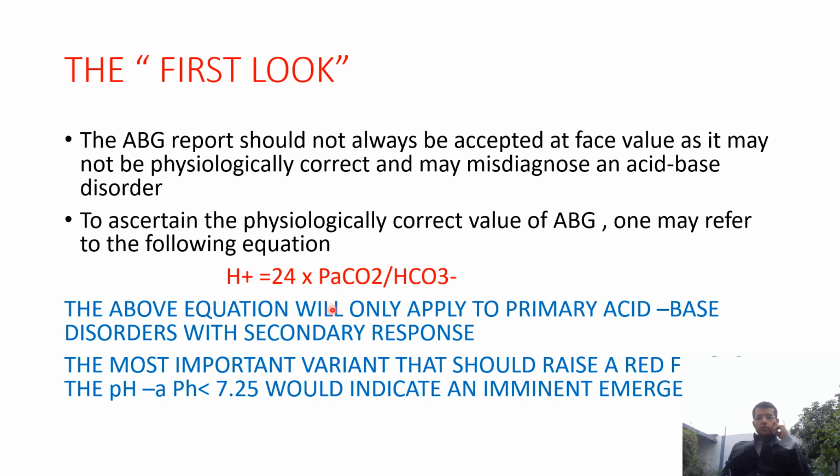Before starting with your interpretation, you should try to understand whether it is a right ABG or not. The above equation will only apply to primary acid-base disorders with secondary response. The most important variable that should raise a red flag is pH less than 7.25. It indicates something drastically wrong, and it should draw an immediate response from the intensivist.